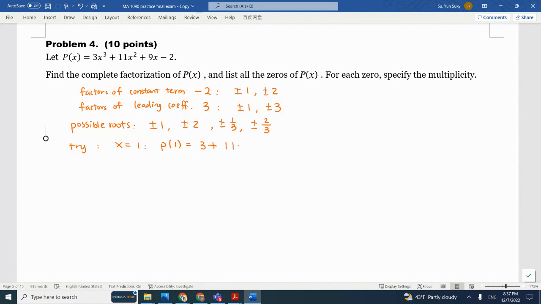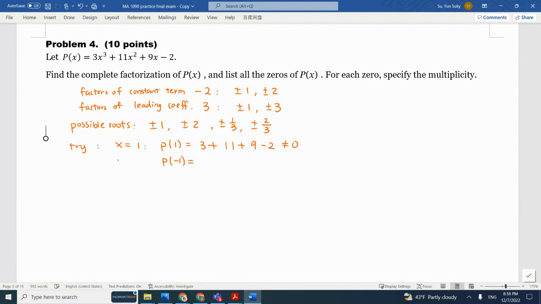And then 11 times x squared, so 1 squared is also 1, so 11 times 1 is 11. Plus 9 times 1 is 9. Minus 2. Wow, we have a lot of positive numbers and very small negative number. Of course, this is not 0. And then we keep going.